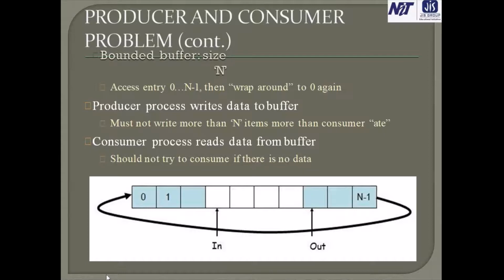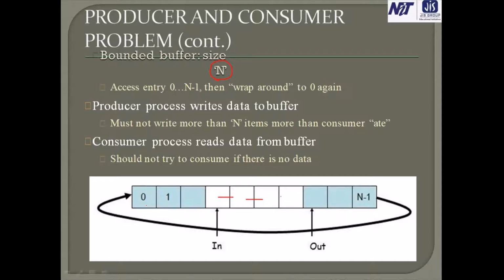If the bounded buffer size is n, accessed from 0, then 1, 2 up to n minus 1. Suppose there are n variables. If we start the indexing from 0, the last position is n minus 1.